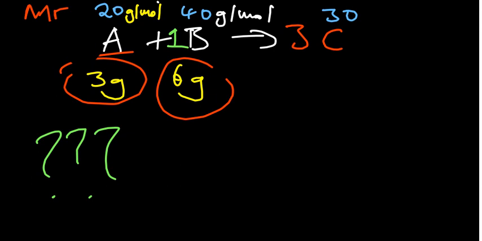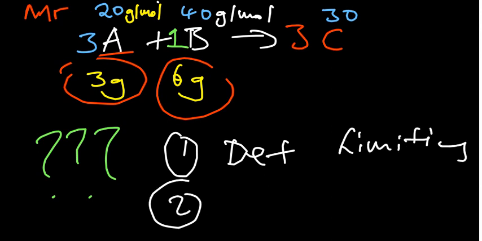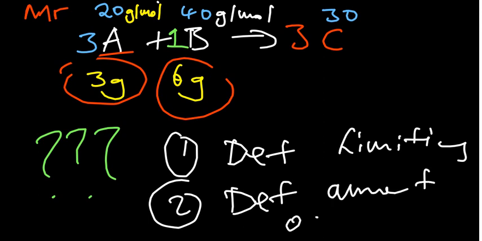That is the first question. And then the second question is to determine how much of C will be produced at the end of the reaction. So determine the limiting reagent, and determine the amount of C produced.